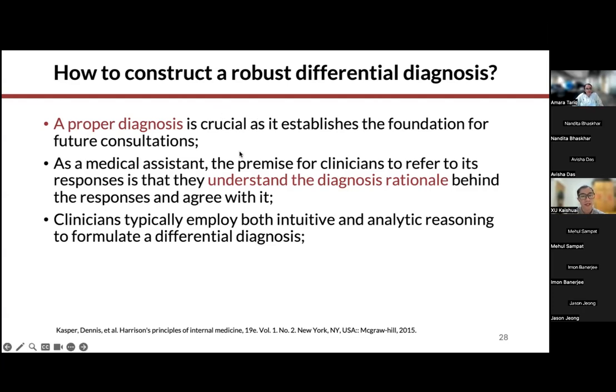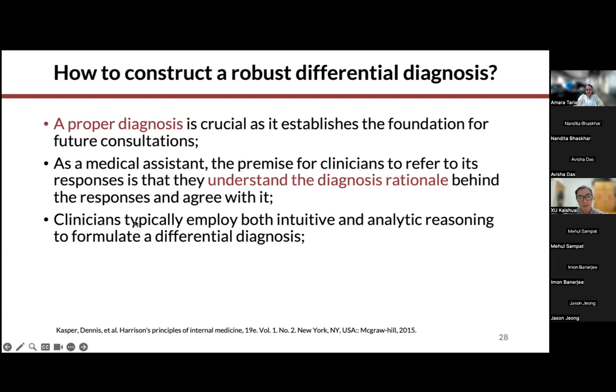So our medical assistants or medical dialogue systems can help the doctor. And the premise is that the clinicians, the doctors, have to understand the diagnosis rationale behind the response and agree with it. Then they will adopt or acquire our responses from the systems.